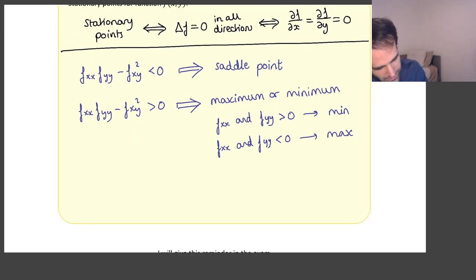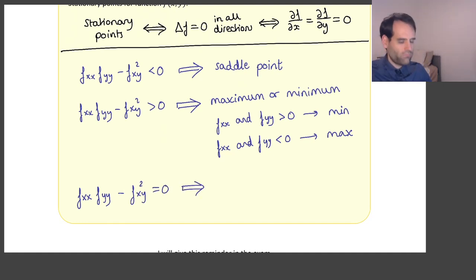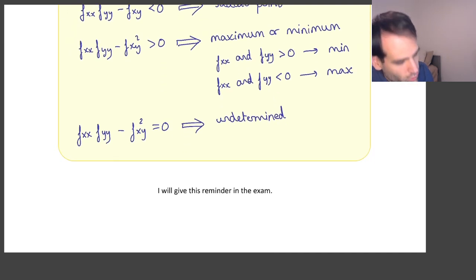Okay, so you have that calculation anyway. Finally, there is a third case. If this term here, fxx fyy minus fxy squared, equals 0, then we are not sure. This is undetermined. And we would have to look at higher order terms in the Taylor expansion.